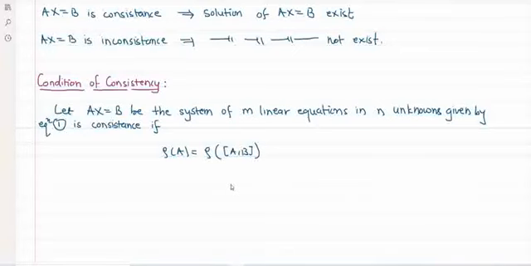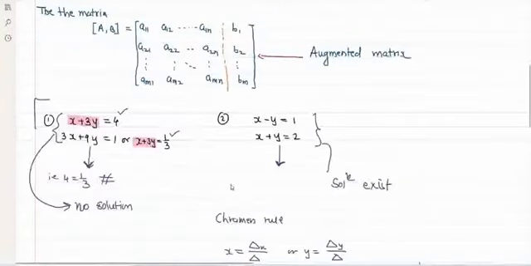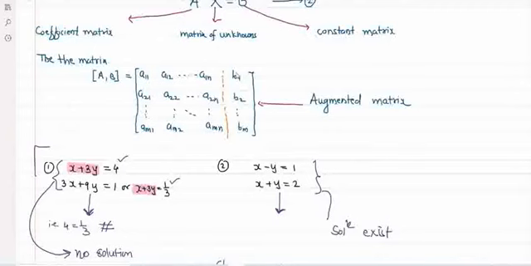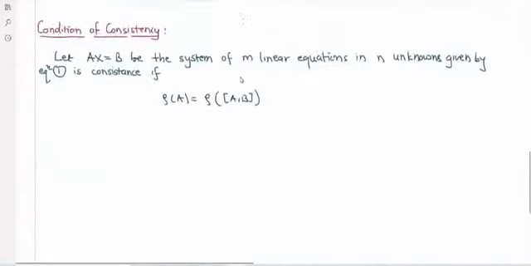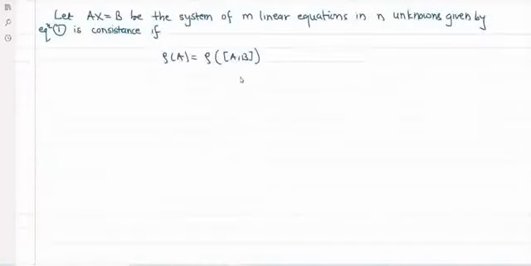Now, how to find the rank of A and AB in one stroke? In the echelon form of matrix AB, if you close the last column you will get the rank of A. If you allow the last column, you will get the rank of AB. If both ranks are the same, then the given system of equations is said to be consistent.